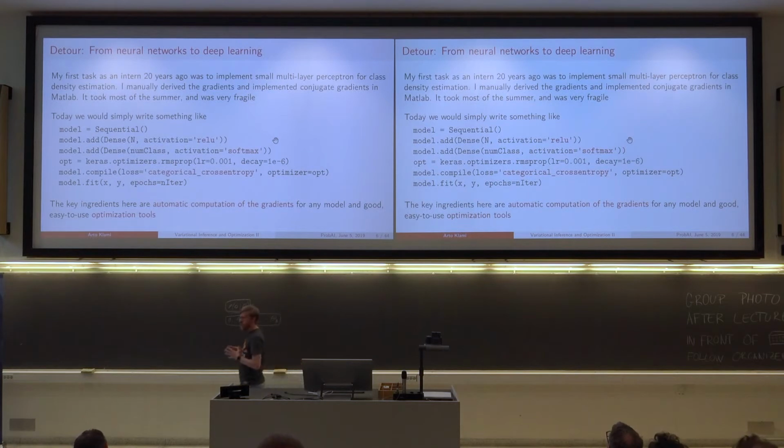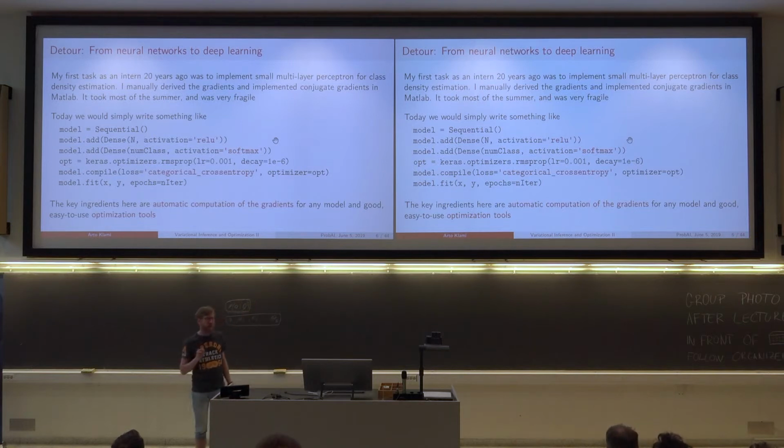But just to motivate this, let's take a detour and see what has happened in the transition from good old-fashioned neural network research to the current deep learning research. I actually started my own career as an intern, as a bachelor student, where the first task I was given was to train some kind of a multilayer perceptron for a density estimation task of estimating the probability of the class distribution for a given input.